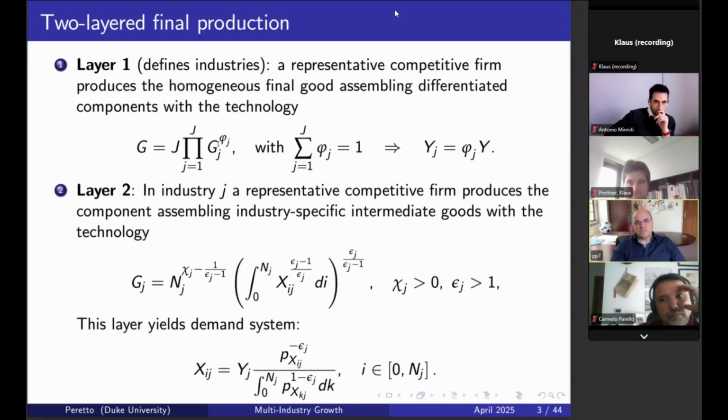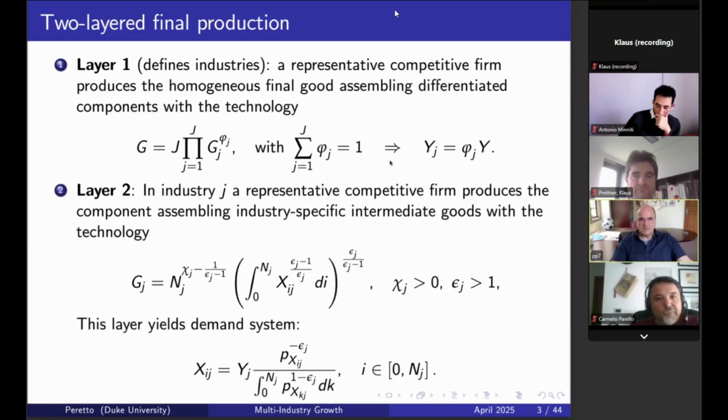And now we say that it does it with a Cobb-Douglas production function defined over differentiated intermediate goods, where capital J is the number of industries in the economy. And then this new parameter phi_J is the elasticity of industry J in the production of GDP in this economy.